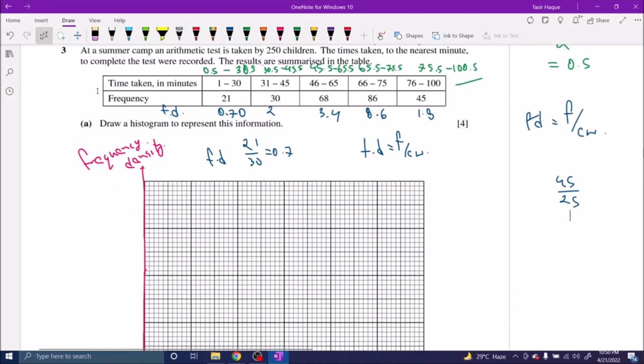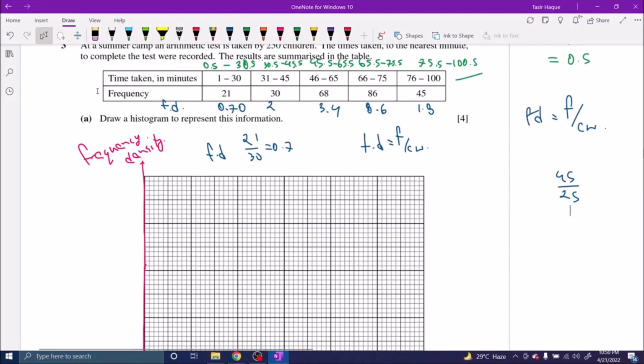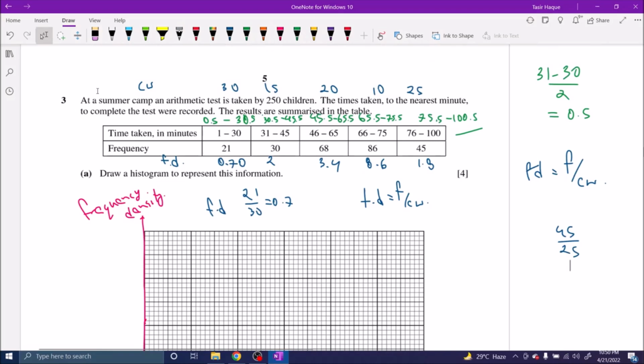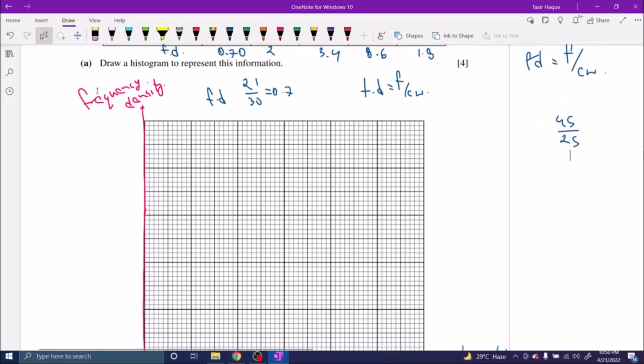Okay, so now let's plot the points properly. How should we do it, right?